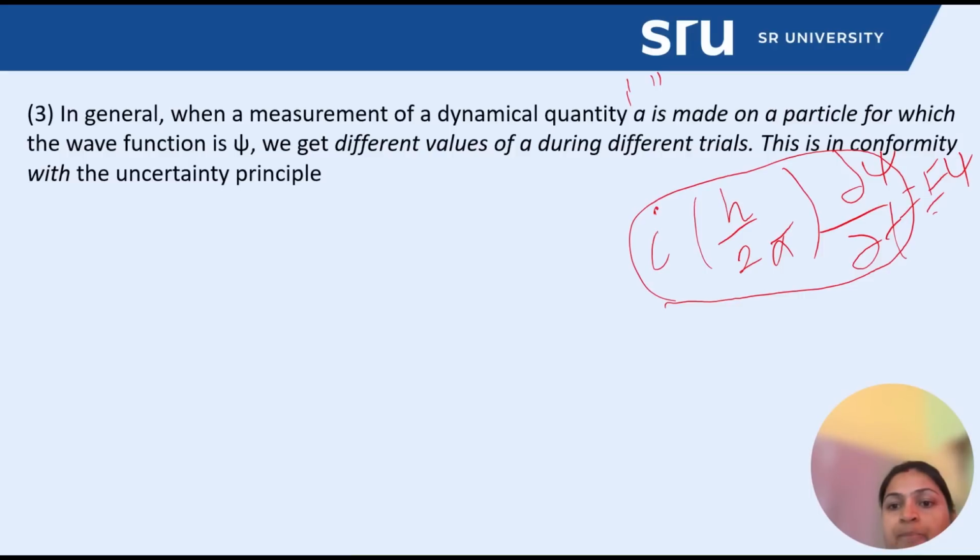This is in conformity with the uncertainty principle.